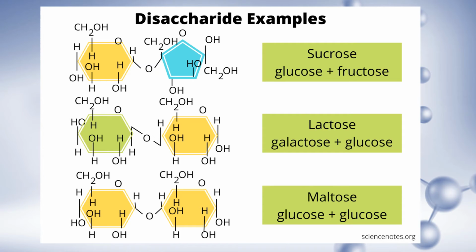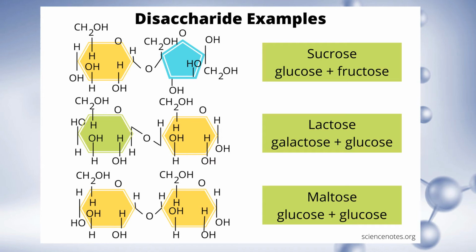Here are some disaccharide examples. You can see that when glucose and fructose combine, they form sucrose, which is the table sugar we use in our daily life. Then there is lactose, which is formed from galactose and glucose. Remember that galactose is a monosaccharide that does not occur freely in nature.